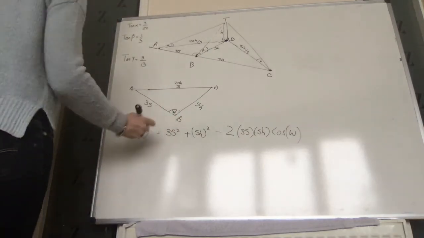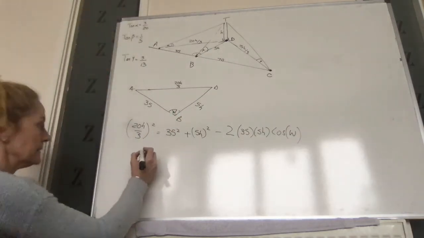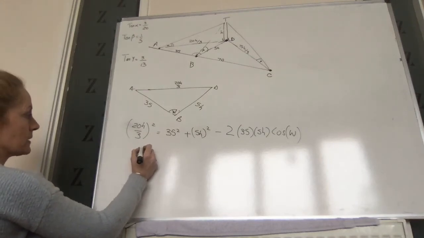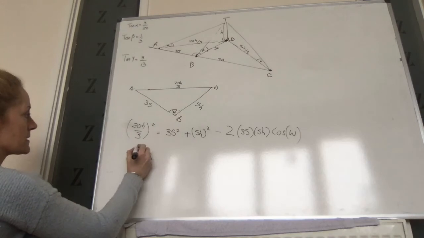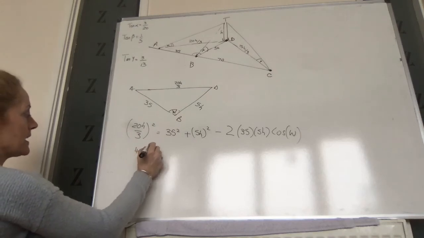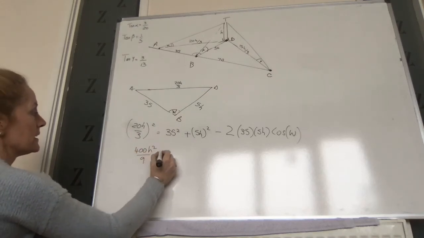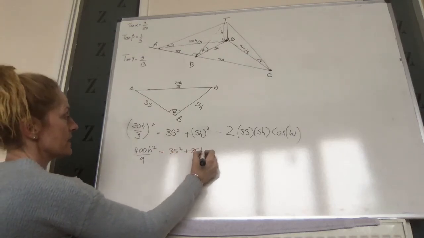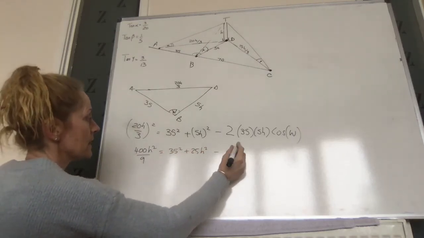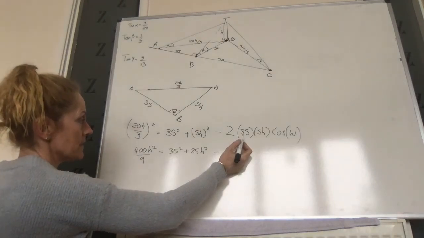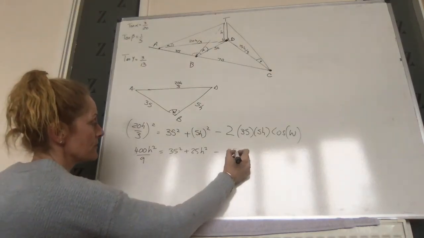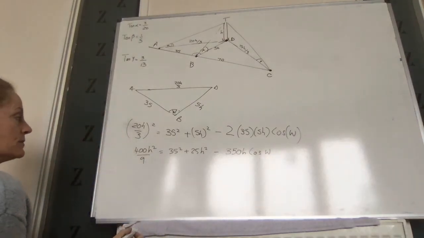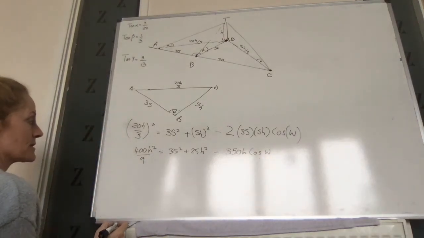Okay. So from that, what do we do first? Let's just get rid of the fractions. So we have 400 h squared over 9 is equal to 35 squared plus 25 h squared minus 2 35s are 70, and 70 by 5 is 350 h cosine W. So we want cosine W at the end of the day, but let's multiply across by 9.